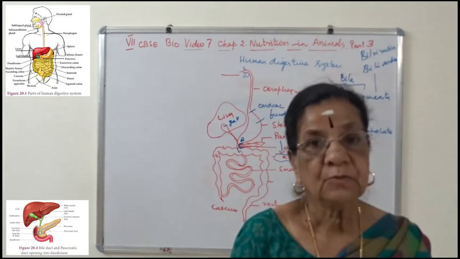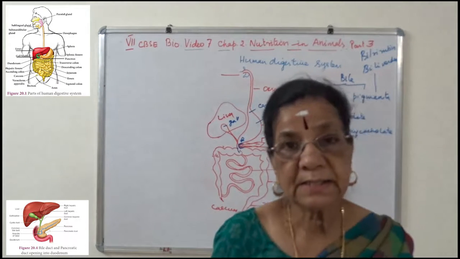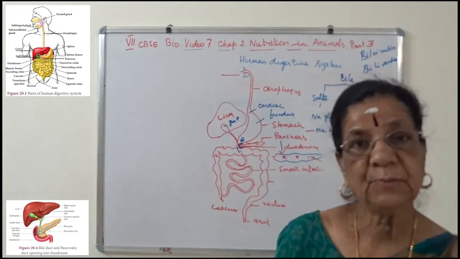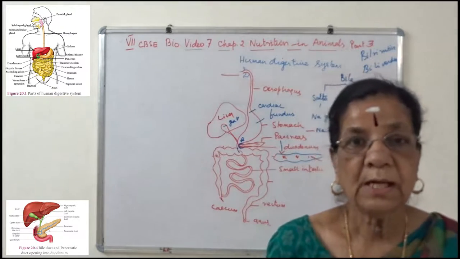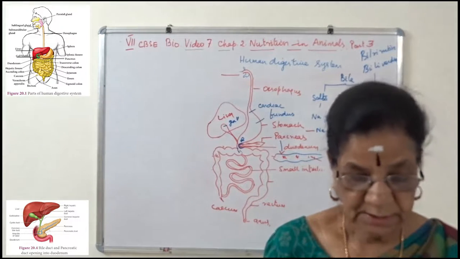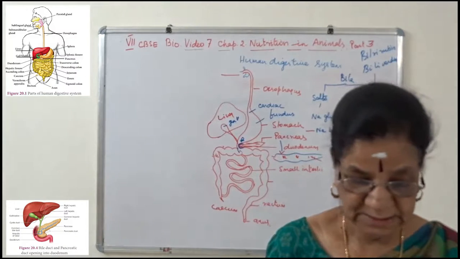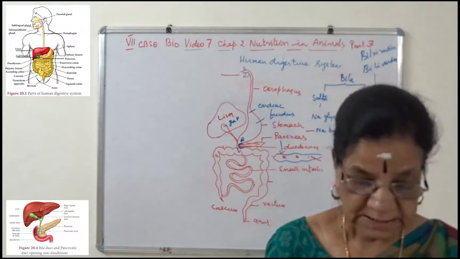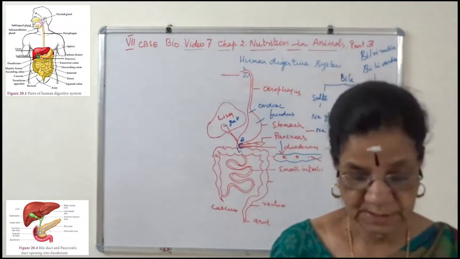And then we continue. The inactive pepsinogen in gastric juice is converted into active pepsin, and it acts on protein in ingested food. Hydrochloric acid kills bacteria swallowed along with the food and makes the medium acidic.